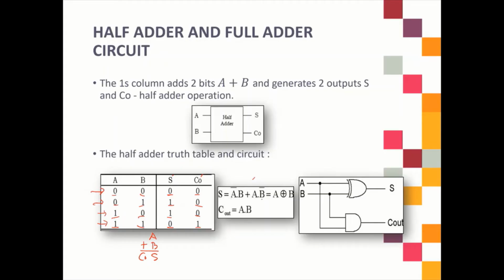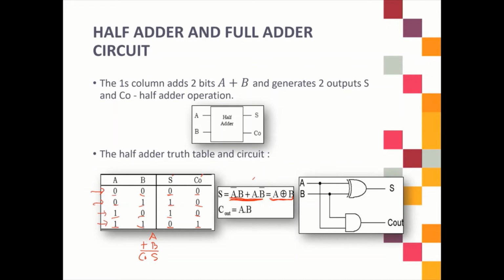For S, this is the SOP. You cannot simplify this equation, but you can replace it with another equation, which is equal to the XOR equation. You need to remember chapter 2, because for XOR we have two methods of writing the equation.